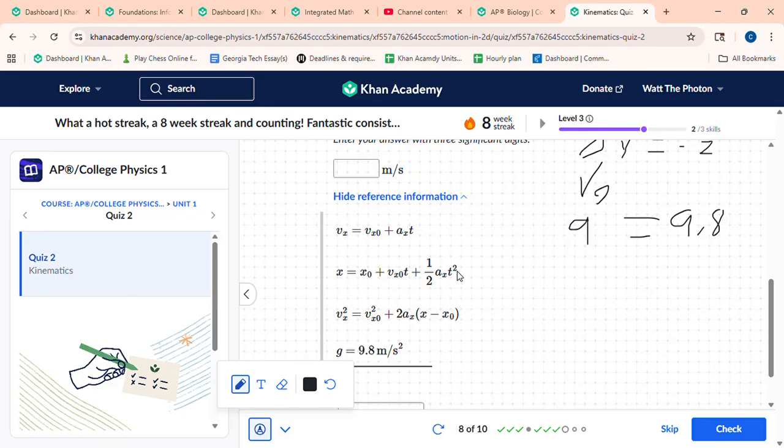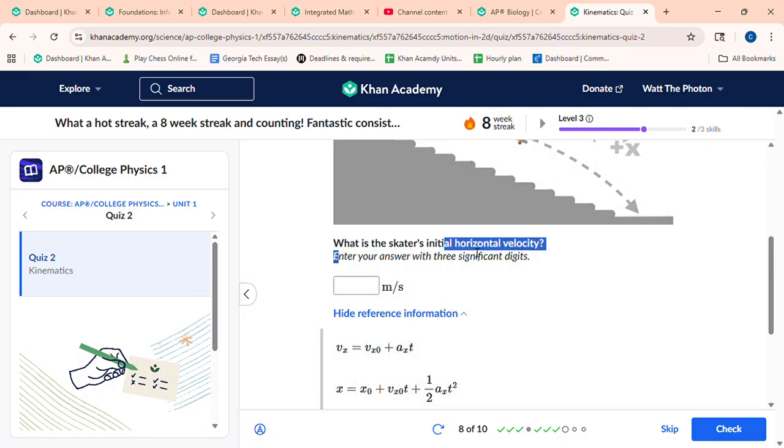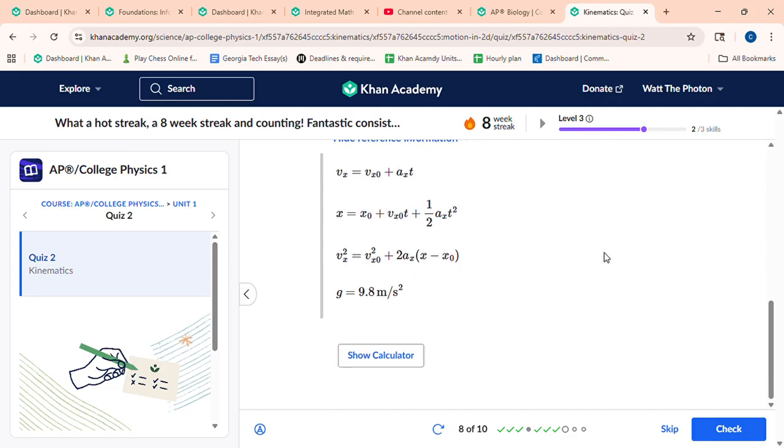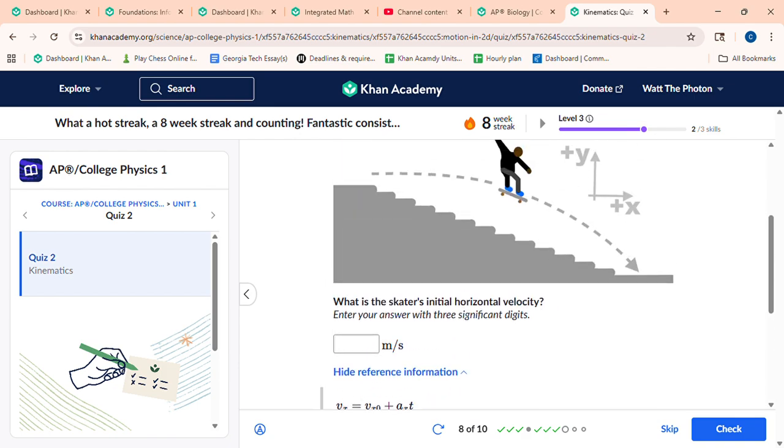All of these have time in them. I'll do this later.